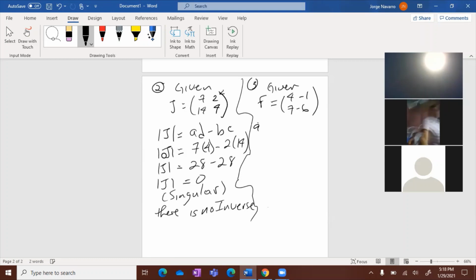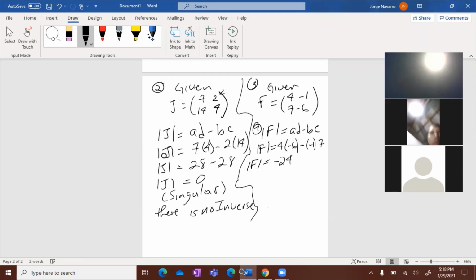So the determinant of F is equal to AD minus BC. So F is equal to 4 times negative 6 minus negative 1 times 7. So the determinant will be negative 24 plus 7.